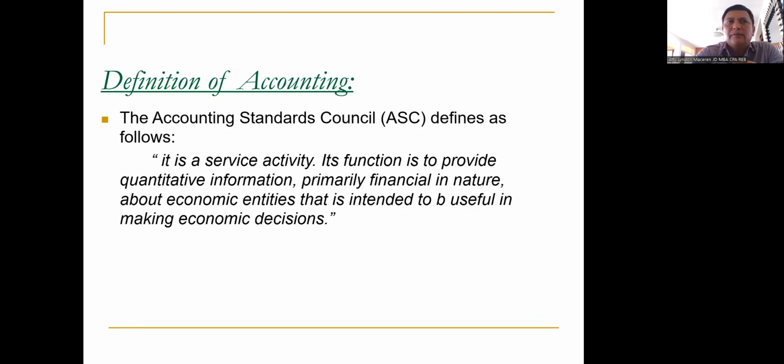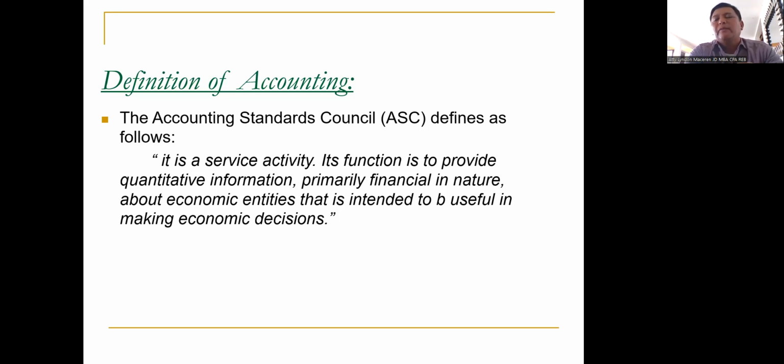This council has defined it as a service activity whose function is to provide quantitative information, primarily financial in nature, about economic entities, meaning the businesses, that is intended to be useful in making economic decisions. There's an omission there, letter E. So basically, it is a service activity.